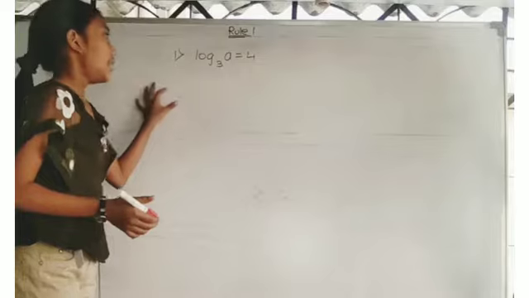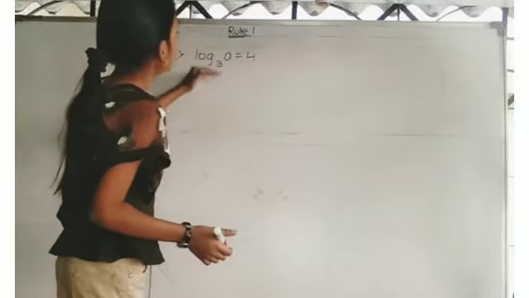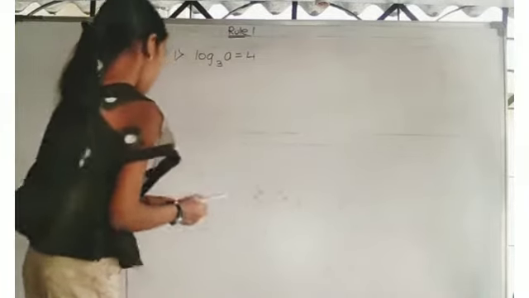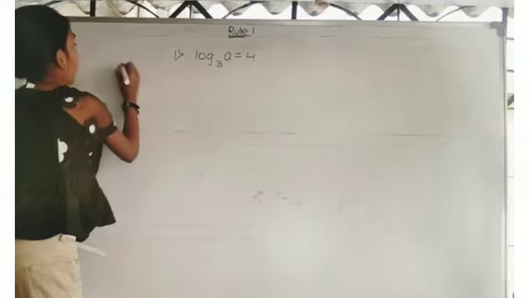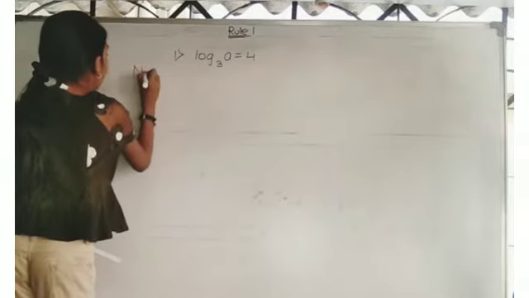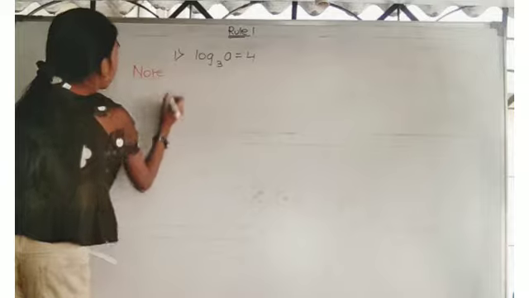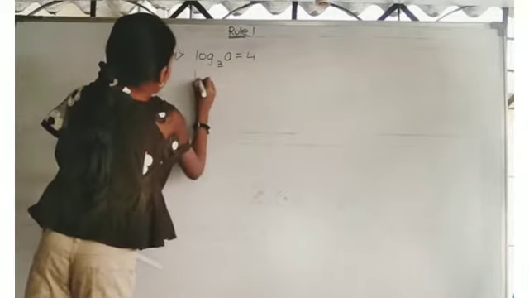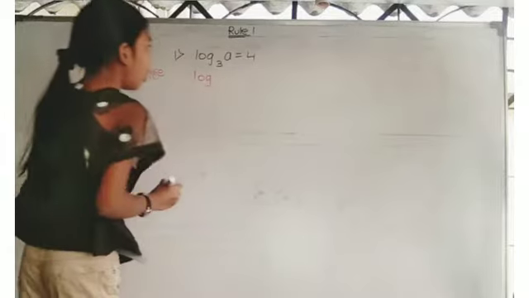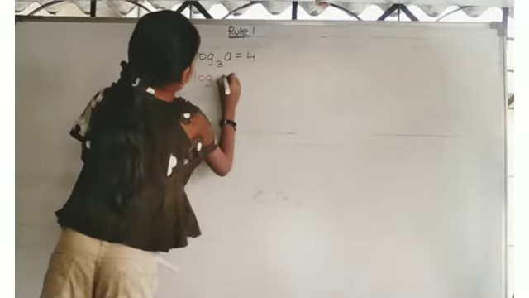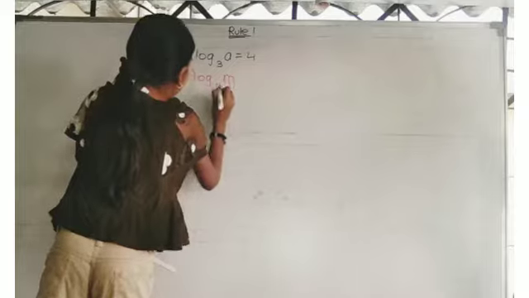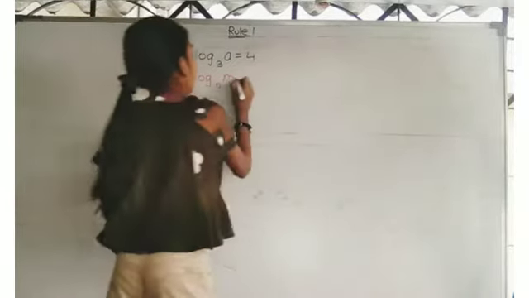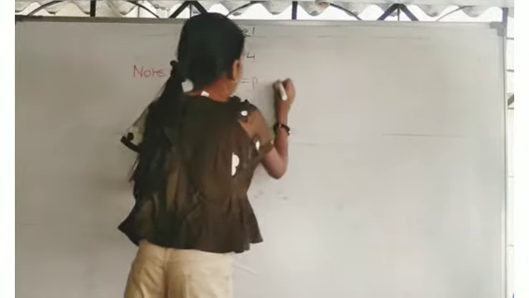This is our next problem. So this is based on rule 1. Now note the formula which we are going to use for this question. So the formula is log m to the base n is equal to p.